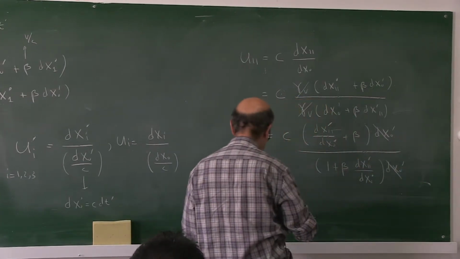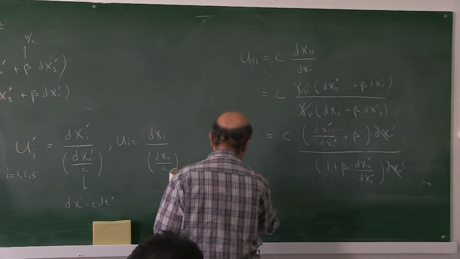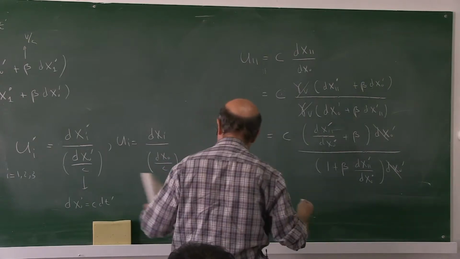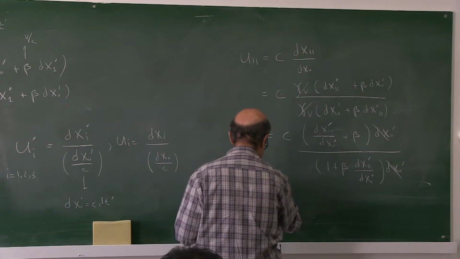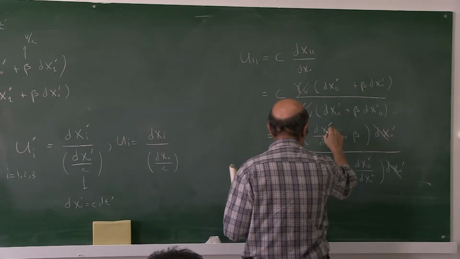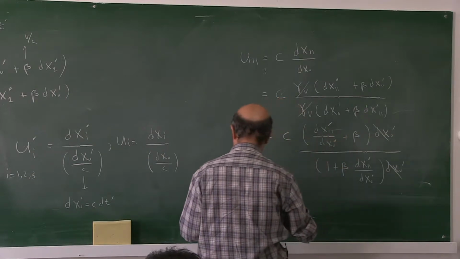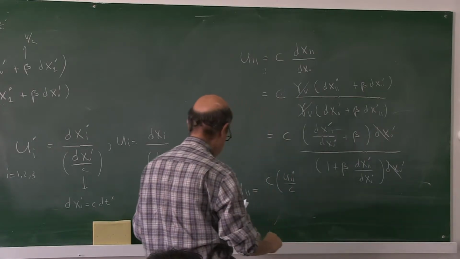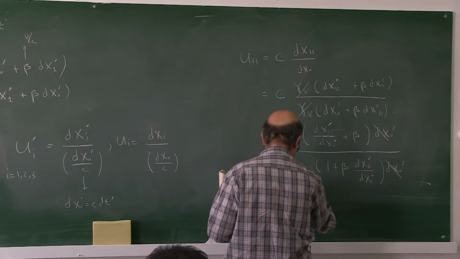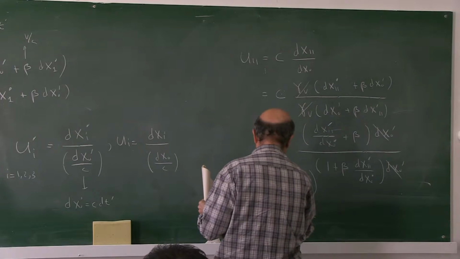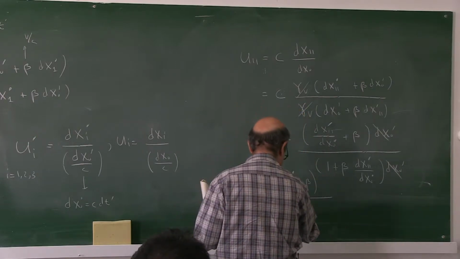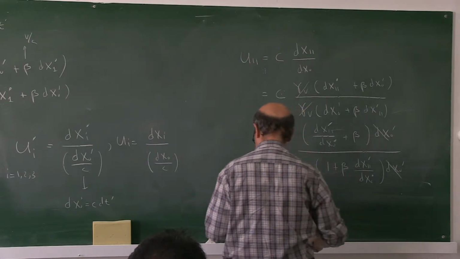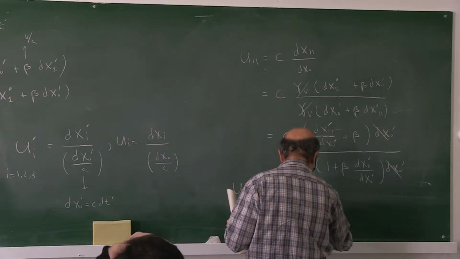The parallel component of the speed relative to the motion of the frames seen at K frame will be the following: c times, instead of dx prime parallel over dx0 prime, you can write u parallel prime over c, plus beta, and divided by 1 plus beta, and instead of this you can write again u parallel prime over c.